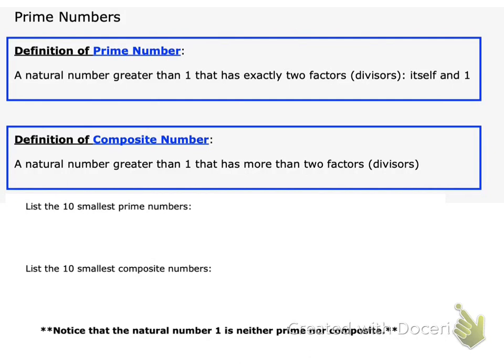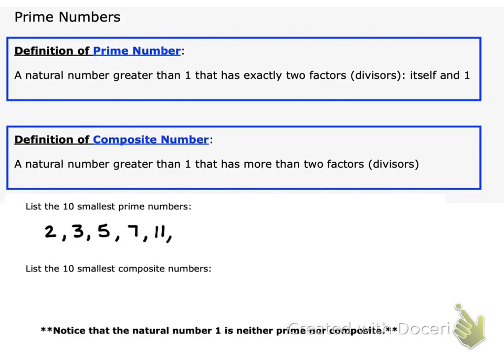Anyone want to get us started on prime? 1. We can't do 1. 2. 3. 5. Good. 7. What about 9?